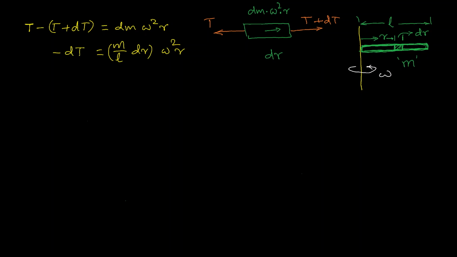So there is a decrease in tension as we go in the increasing direction of r. That means we can write that minus dT is equal to m omega square over L r dr.